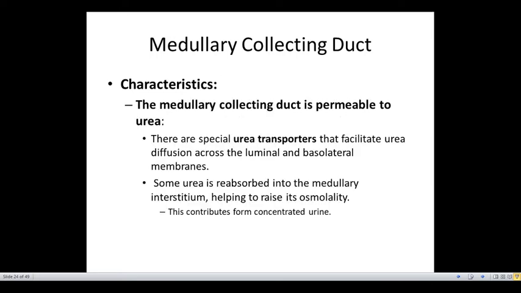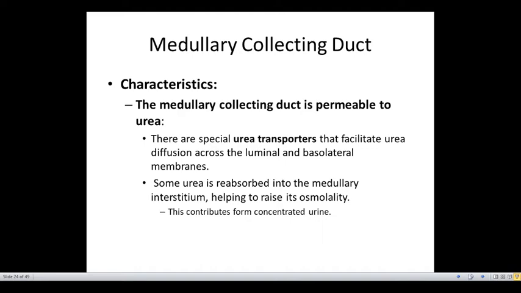Secondly, the medullary collecting duct is permeable to urea. There are special urea transporters that facilitate urea diffusion across the luminal and basolateral membranes of the epithelial cells lining the renal tubule.